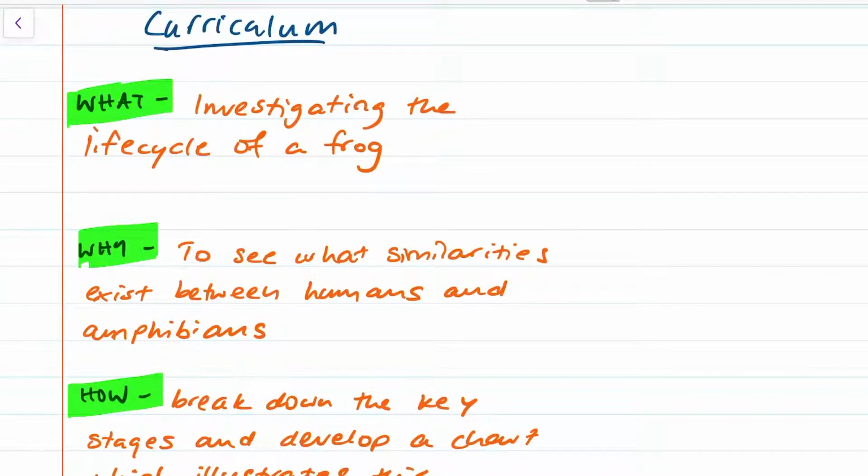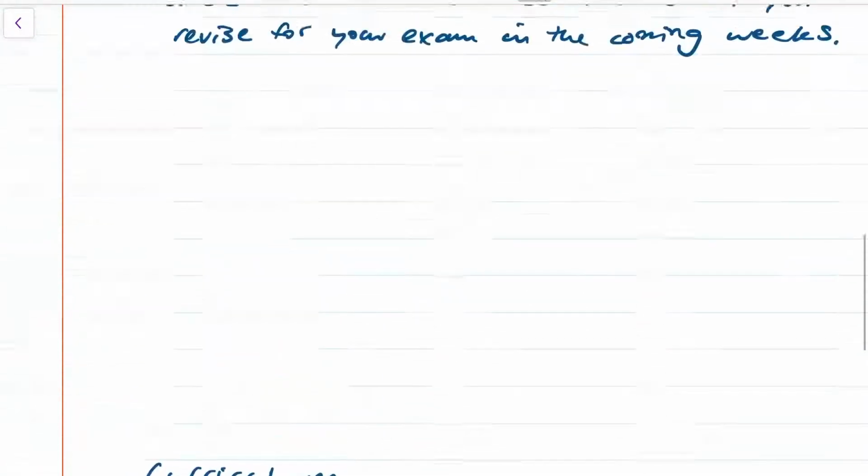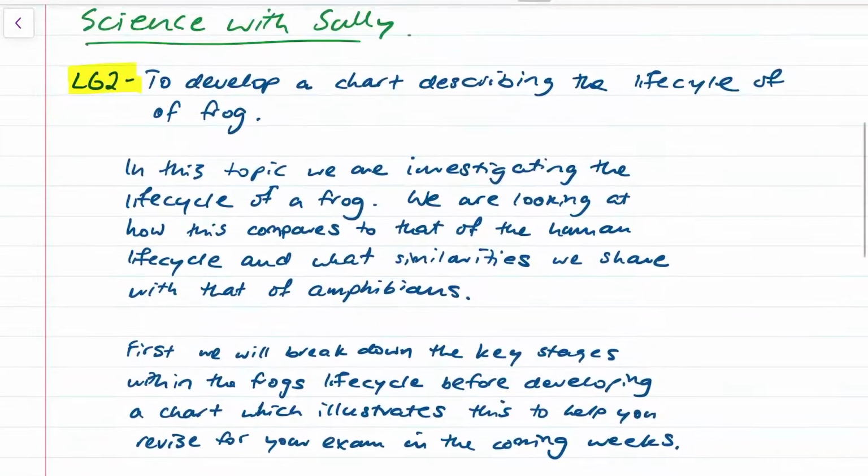One thing I want to point out is that back up here, we talk about this last part, and I really want to make a point about this. This part here, to help you revise for your exam in the coming weeks. That will never be, when we get classroom profiled and we start to look for our what, why, how, considered a reason why, okay?